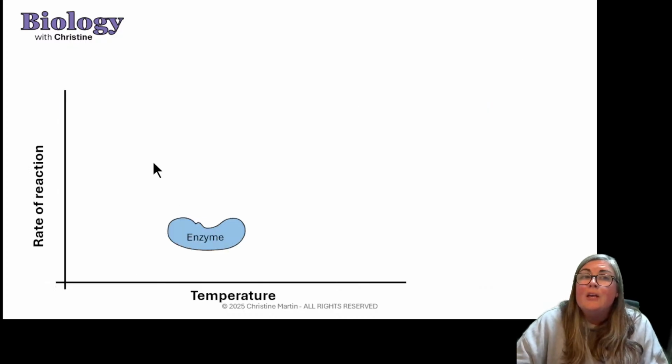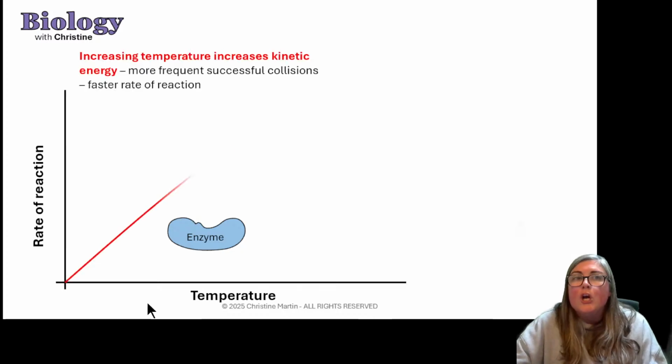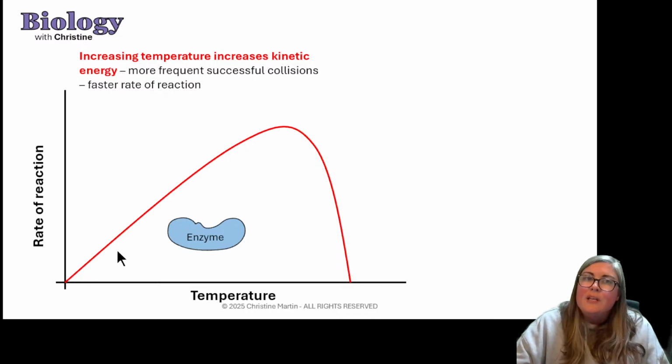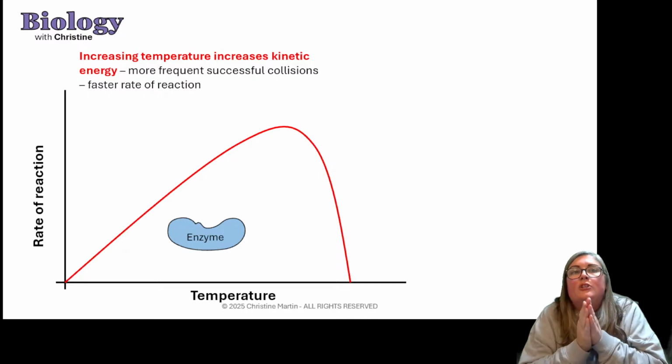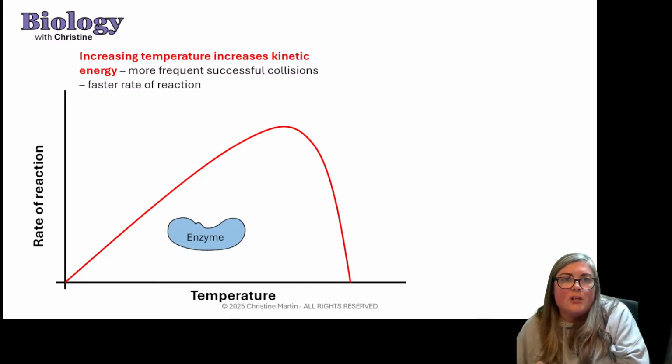So when you look at a graph, when we're talking about rate of reaction and temperature, you always see that graph increasing. It's increasing because as I increase the temperature, I increase the kinetic energy, more frequent collisions, a faster rate of reaction.